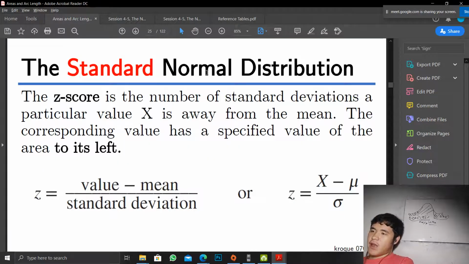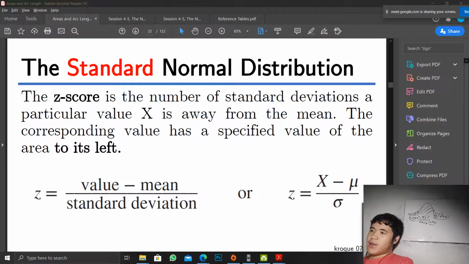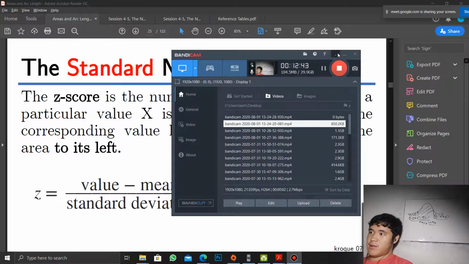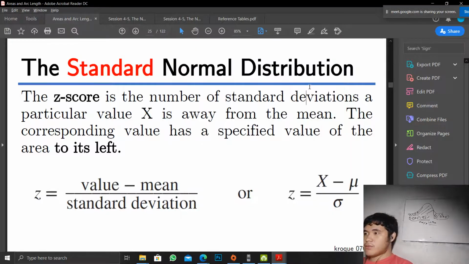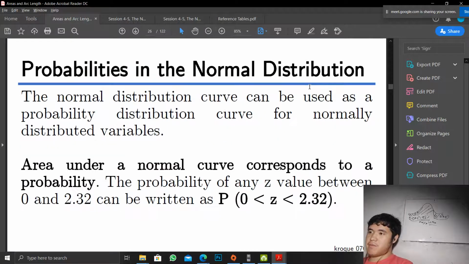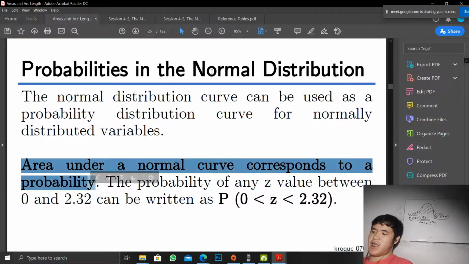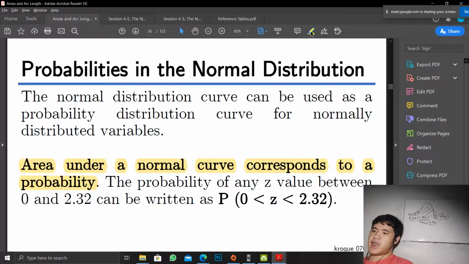Balik lang tayo ulit. Sabi nga natin, the z-score is the number of standard deviations a particular value x is away from the mean. And each value has a specified value of the area to its left, di ba? And sabi ko nga, the area under a normal curve corresponds to a probability. Kaya mas importante siya kaysa sa value ng y kanina sa equation.